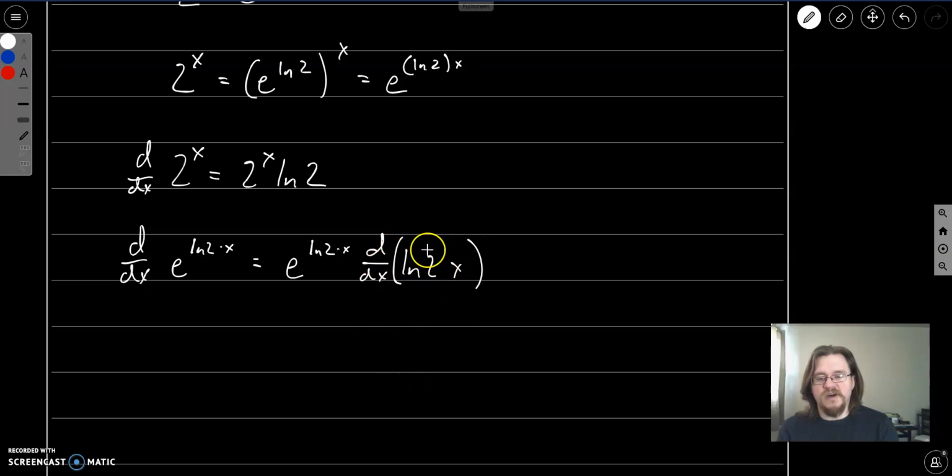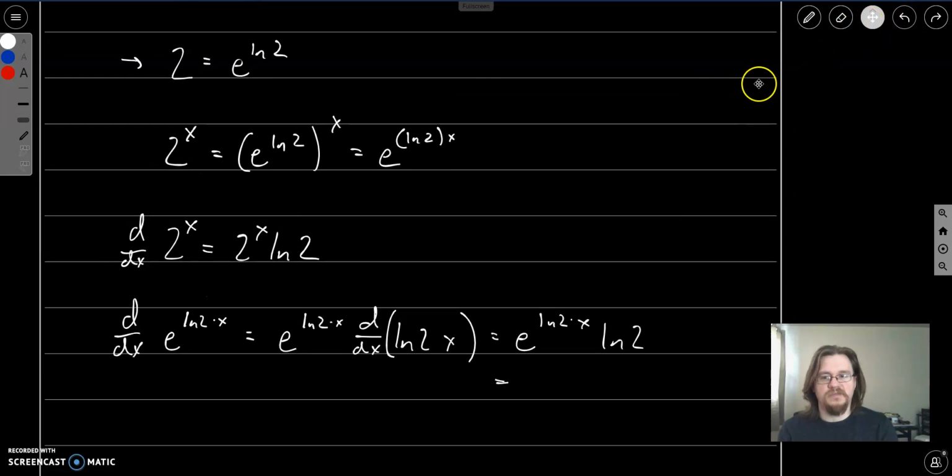So what is the derivative of a constant times x? Well, that constant just comes out, and the derivative of x is just 1. And lastly, e to the natural log of 2 is just equal to 2.